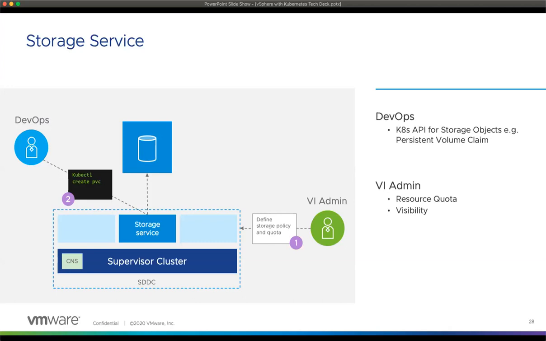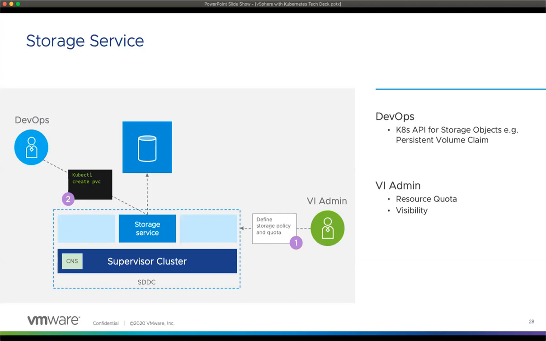But what if I need a persistent volume? Within Kubernetes, there's something called a persistent volume claim. I need this much space that I can then attach to my container. Let's say, for example, I'm running some version of a database and I need a disk to actually store the database. I create a persistent volume.